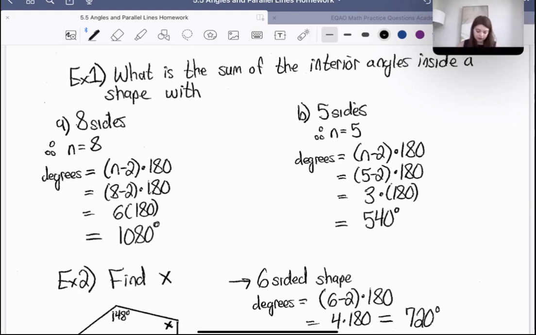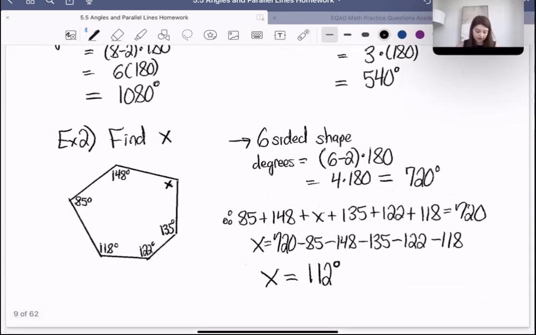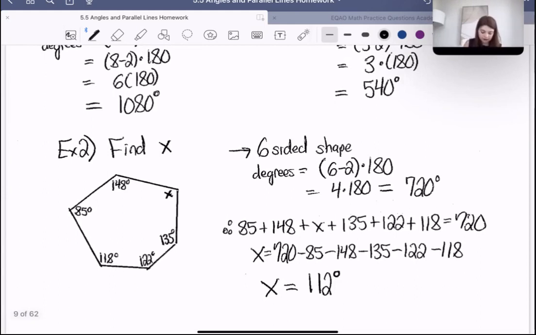So here we can use what we learned to find x, right? We know all of these ones, and we know that this is a 6-sided shape, right? If we count the sides, there's 6 sides. So what we need to first do is find out how many degrees all the interior angles add up to here, right?